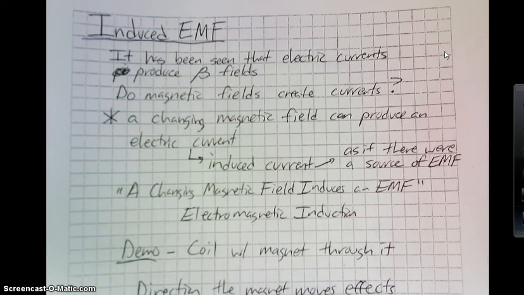That is called an induced current. And they call it induced because it's as if there was some sort of battery there or some sort of EMF. Okay, so the statement right here says a changing magnetic field induces EMF, also known as electromagnetic induction.